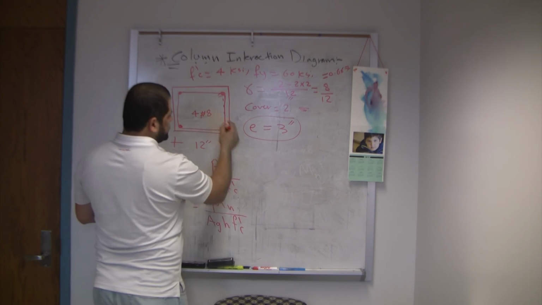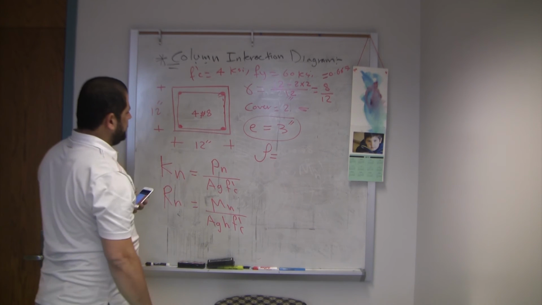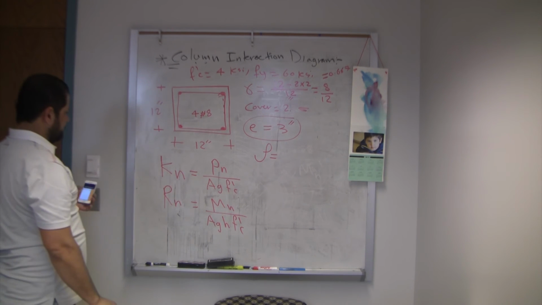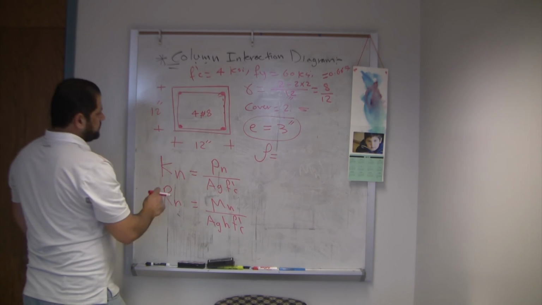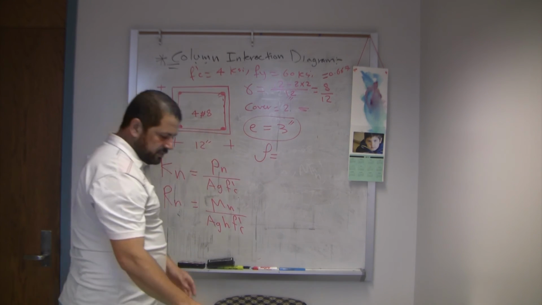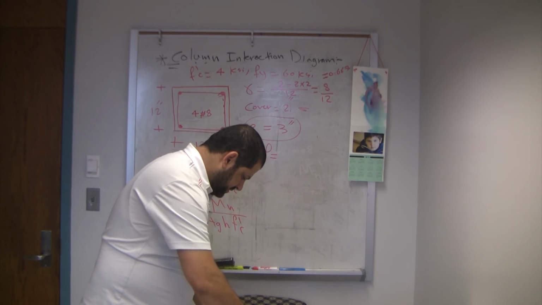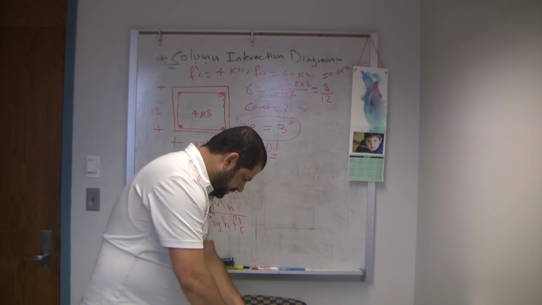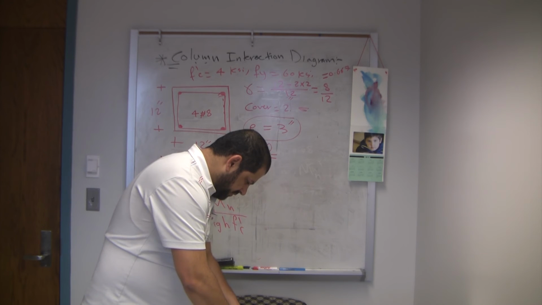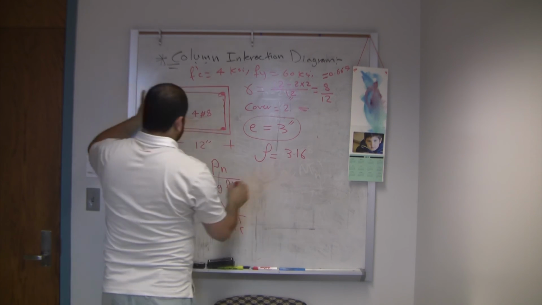So what's rho for this column? Rho equals the area of steel. For number 8 bars, you can pull it easily from the appendix: 3.16.